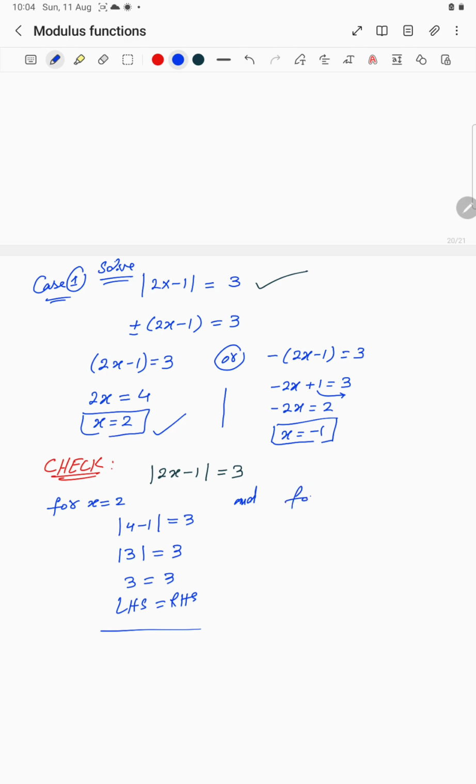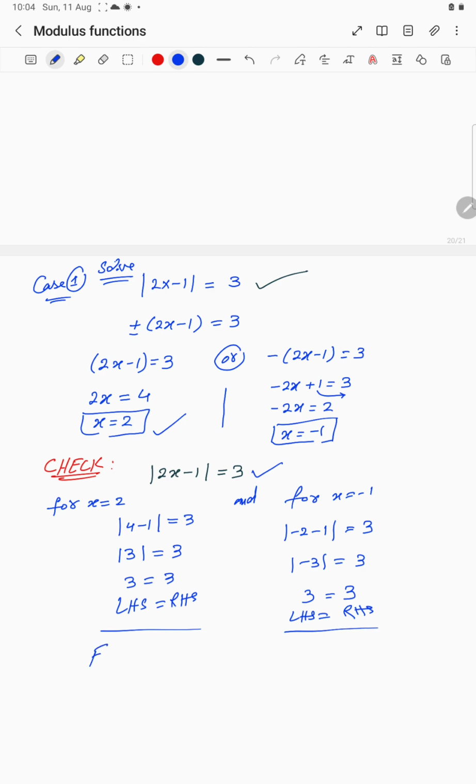For the other solution, x is equal to minus 1. In the same function, we get 2 times minus 1 is minus 2, and minus 1, equal to 3. So it's mod of minus 3 equal to 3. As we know, this becomes plus 3 out of mod because it's an absolute value. So your left hand side equals your right hand side.